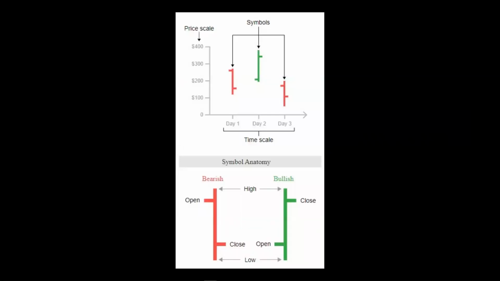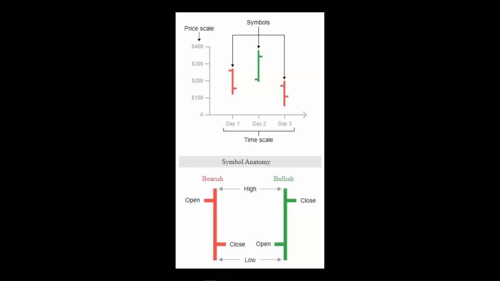The horizontal line extending to the left represents the opening price for the period, while the horizontal line extending to the right represents the closing price for the period. The height of the vertical line represents the intraday range for the period, with the top of the vertical line being the period's high and the bottom being the period's low. The entire structure is called a price bar.